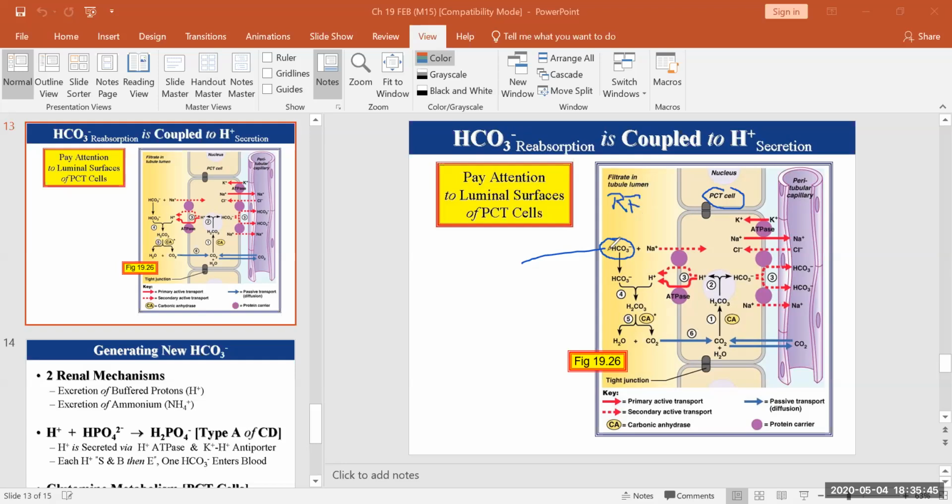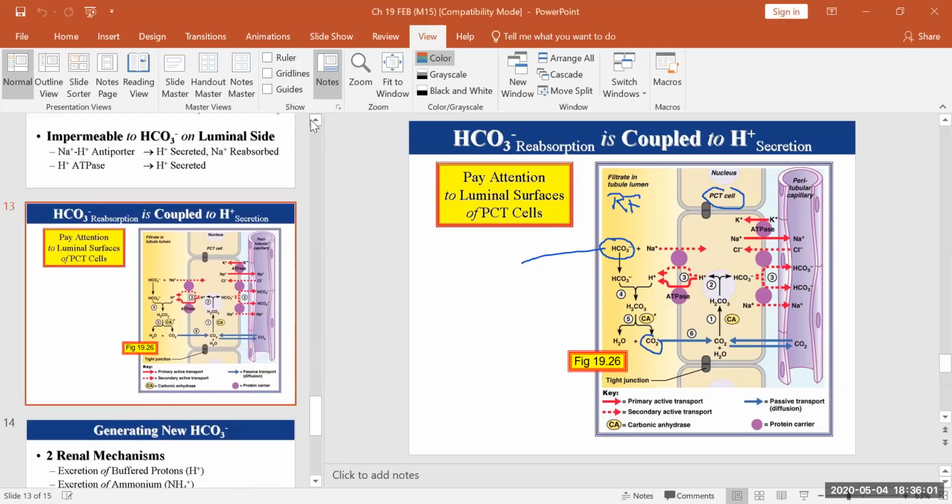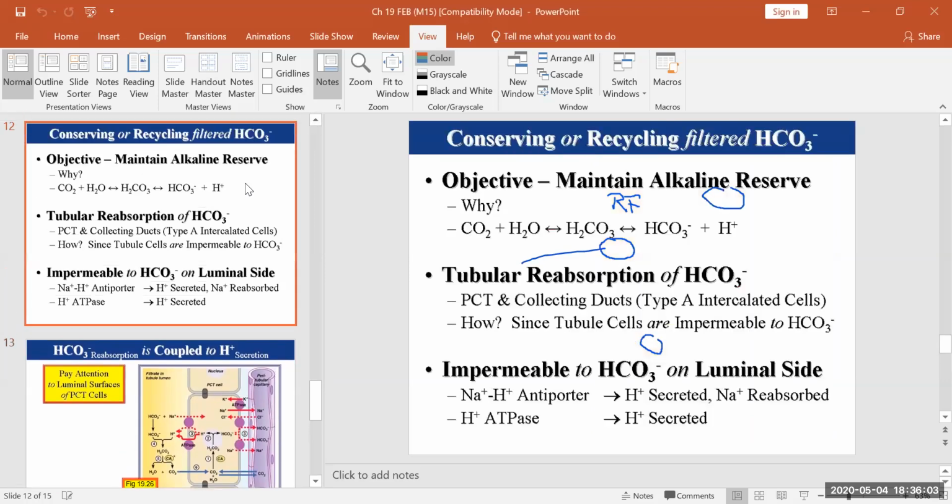So bicarbonate cannot get in. What bicarbonate can do is reconvert back to CO2. This chemical reaction here is the two equilibria we talked about earlier. Okay?